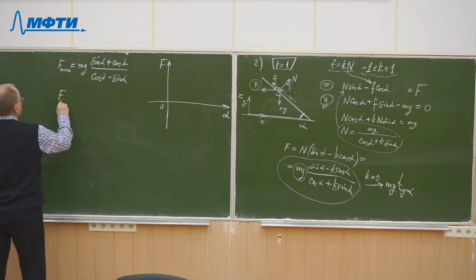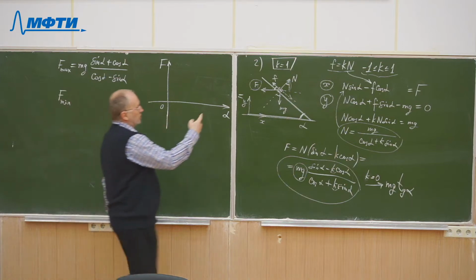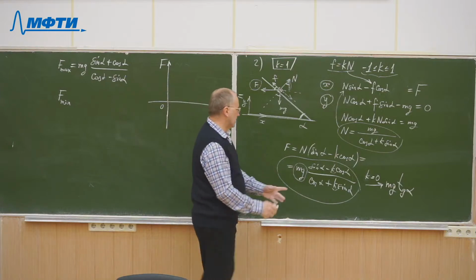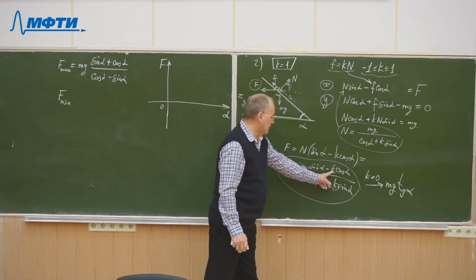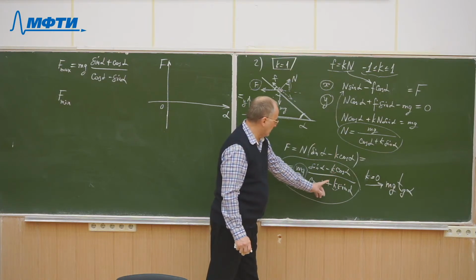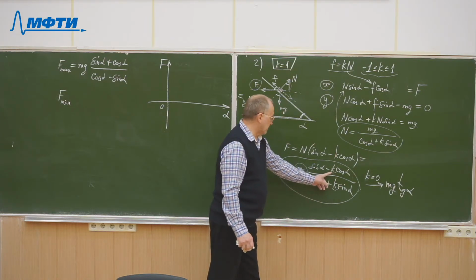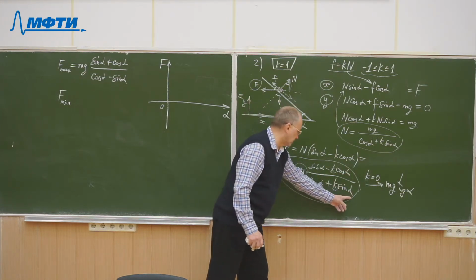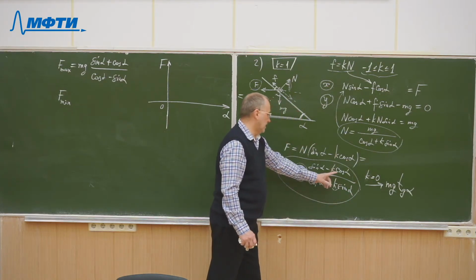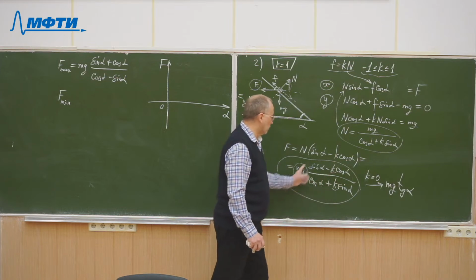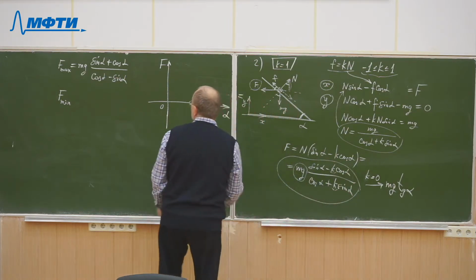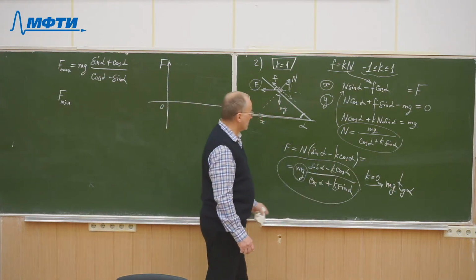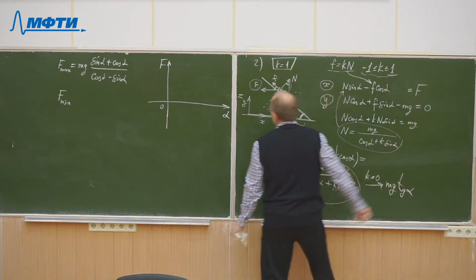So this is the largest possible force. And the minimum possible force, which is required to keep the body on the surface at rest, is also easily found from this expression. If k grows larger, then the numerator of this formula becomes smaller and the denominator becomes larger. That means that if k becomes larger, the whole expression becomes smaller. So the minimum possible force will be obtained if k has the largest possible value, that is +1.